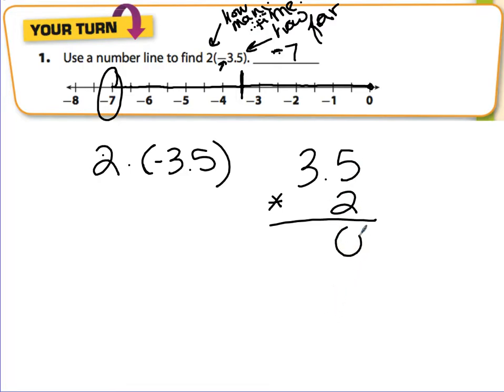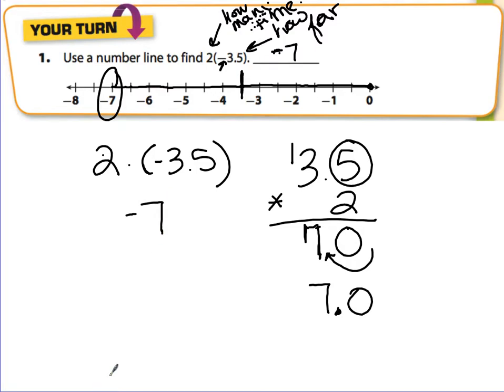I get 5 times 2 is 10, so 0, carry the 1. 3 times 2 is 6, plus 1 is 7. Remember, I have one number after the decimal, so I move my decimal 1 space to the left. So my answer is 7, and that's a decimal, not a comma. Okay, and then because the 3.5 was negative, I know that my answer should be negative 7.